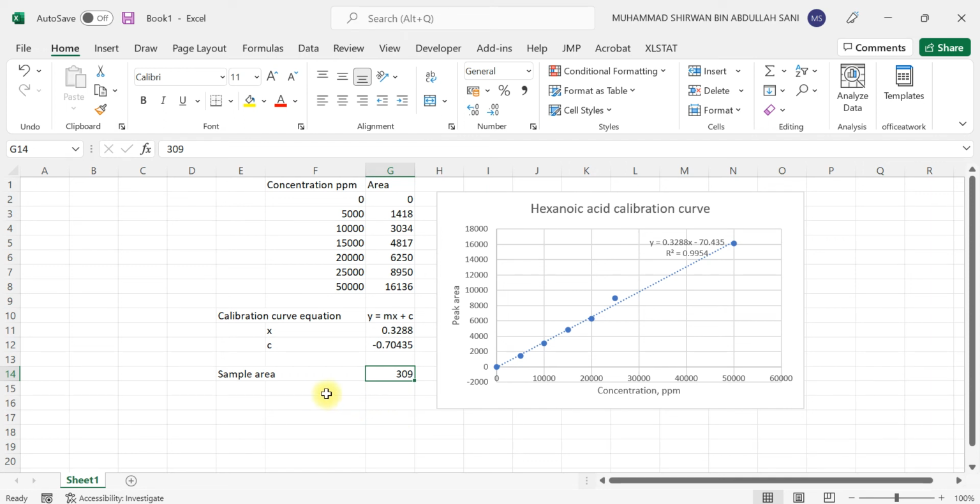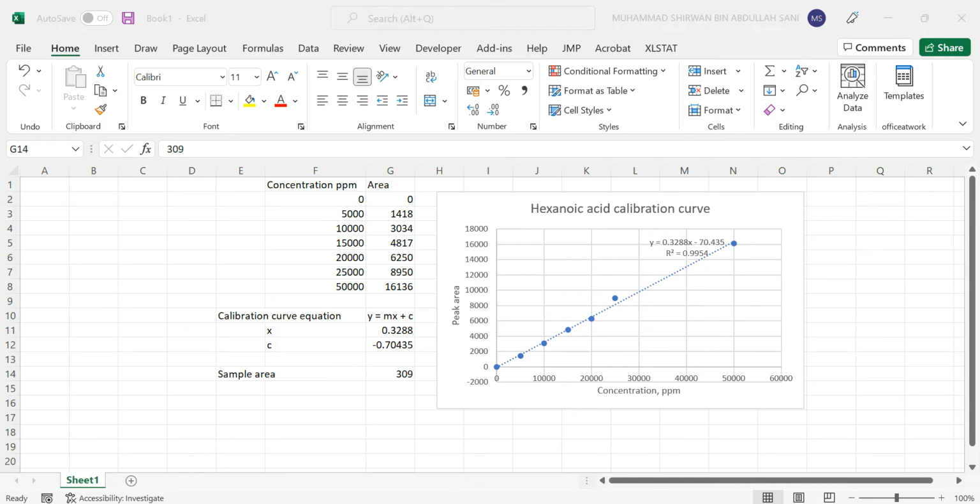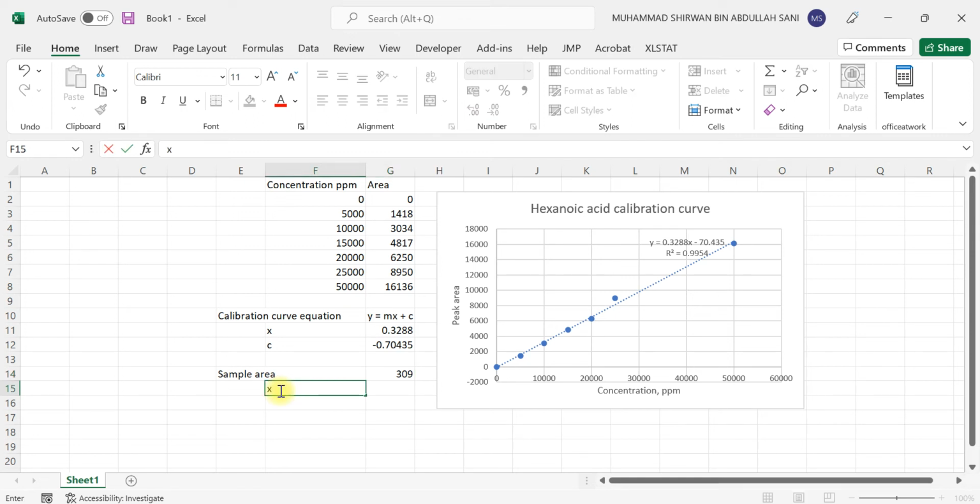So for us to identify how much the concentration of the fatty acid, hexanoic acid, is in the biscuit, the sample belongs to a whole biscuit, we can use this formula by writing it this way. x equals y minus c, divided by m. So this is the formula.